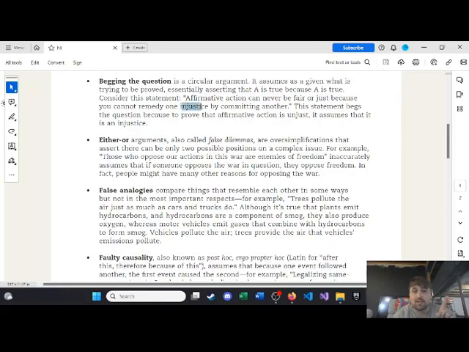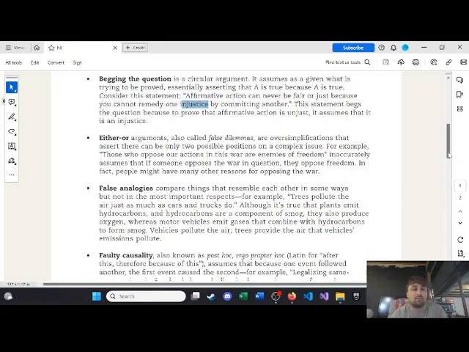Well, because it's unjust. You're arguing in a circle. So whether or not affirmative action is just or unjust doesn't matter here, because even if it is just or even if it's unjust, you can't argue in a circle. That doesn't work. That doesn't get you proper reasoning.